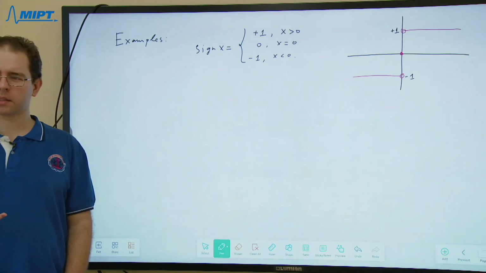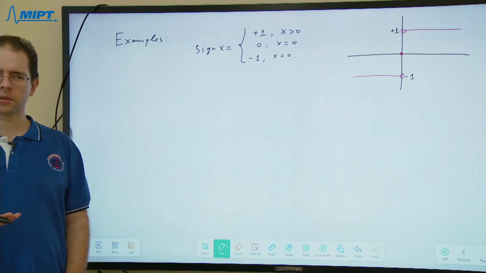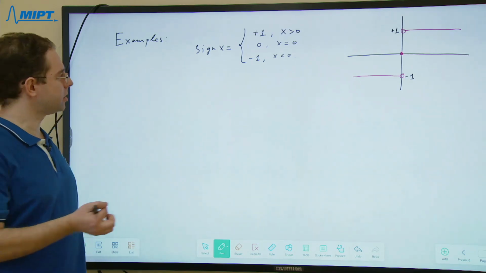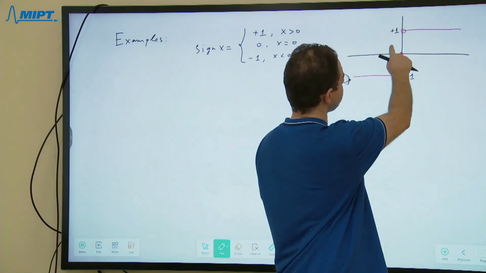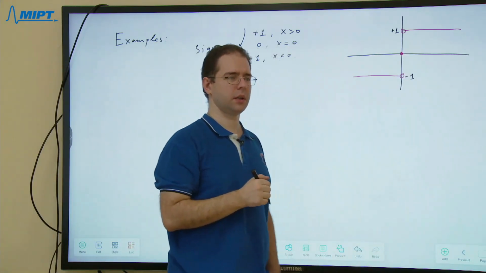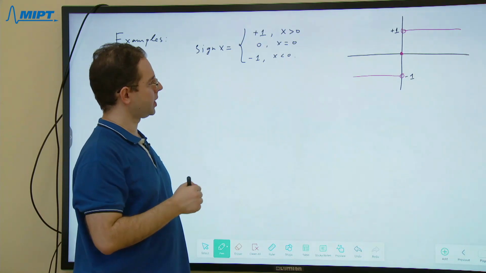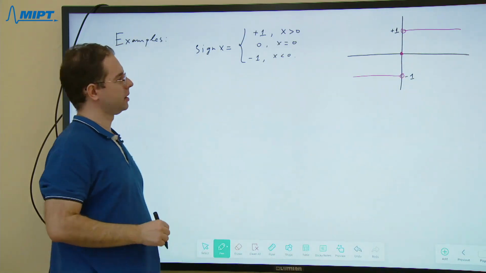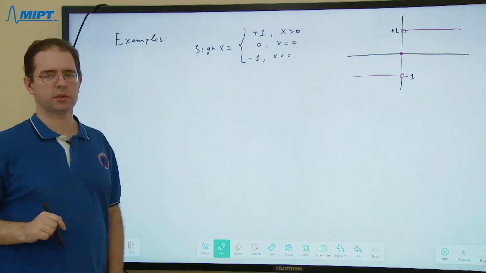Geometrically speaking, it is easy enough to see why we call it a point of discontinuity. I cannot draw a graph of this function without jumping from here to here. I cannot continuously draw this line.